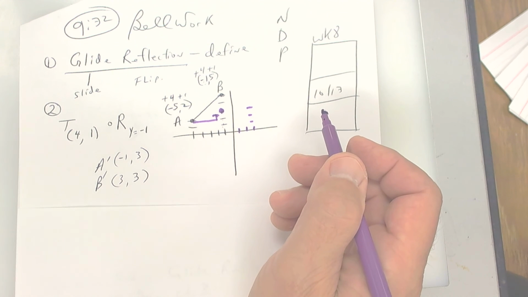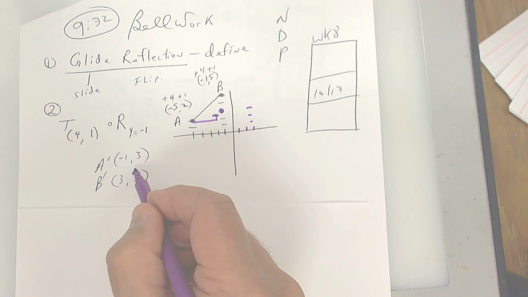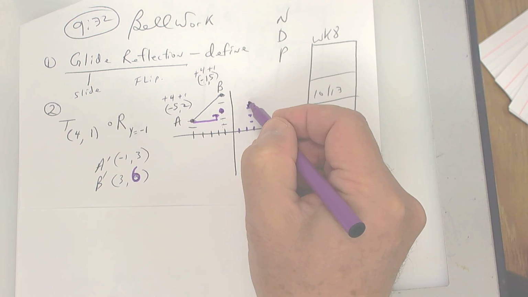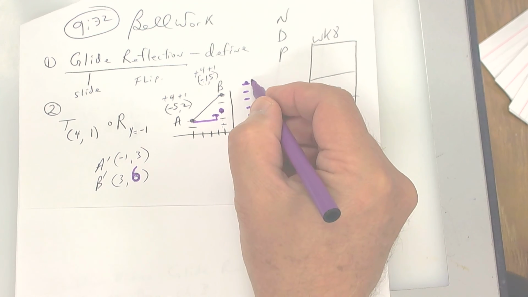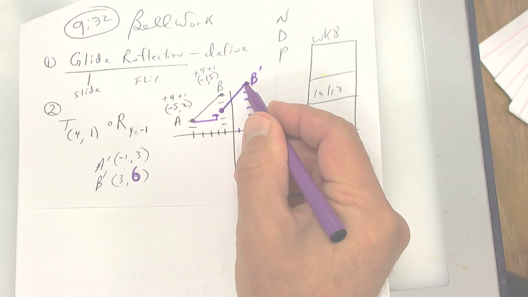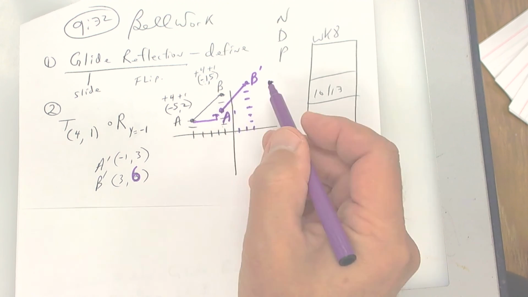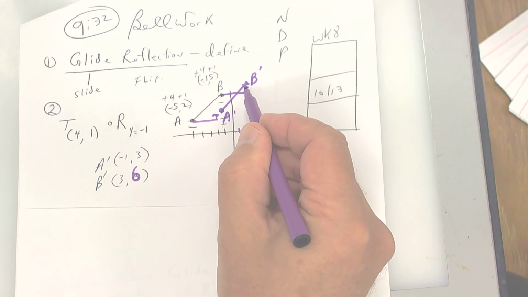Let me see what's going on here. This one should have been 3 and 6. Sorry, change that to a 6. So over 3, 1, 2, 3, 4, 5, 6 is here. So this is B prime, and this one was A prime. So look at what's going on. We slid it over 4, and then we went up 1.